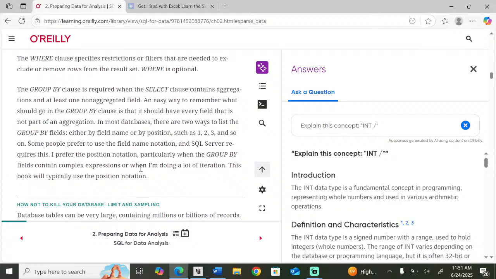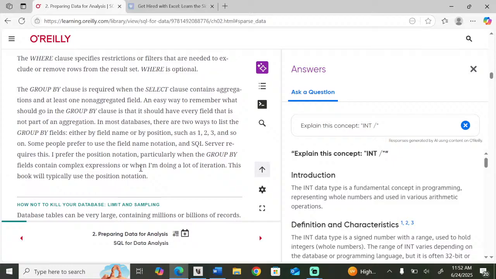So there are two ways you can use group by. You can refer to the columns by name or by number, according to the position of the columns. If we have customer ID in the first column, we can just refer to it as 1, so it will automatically pick the first column.